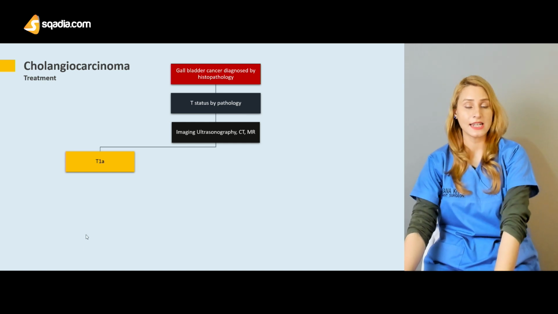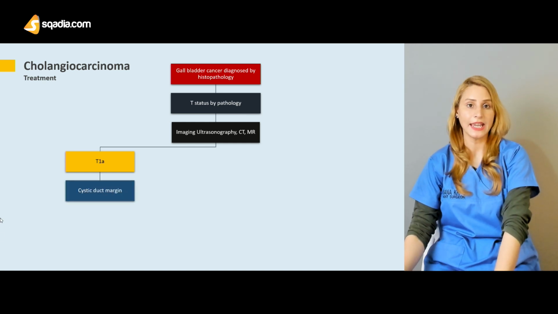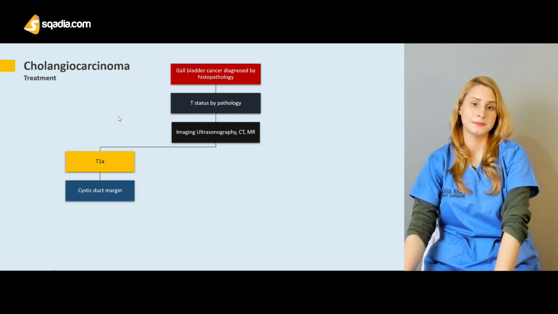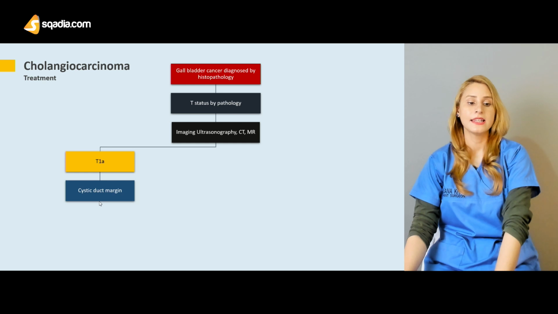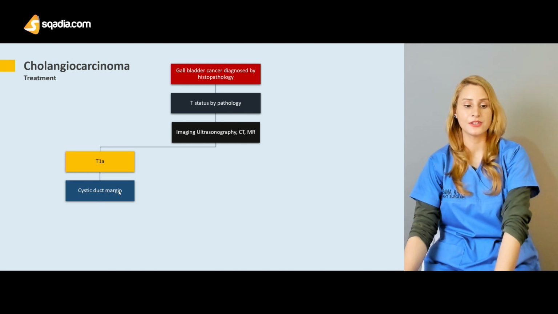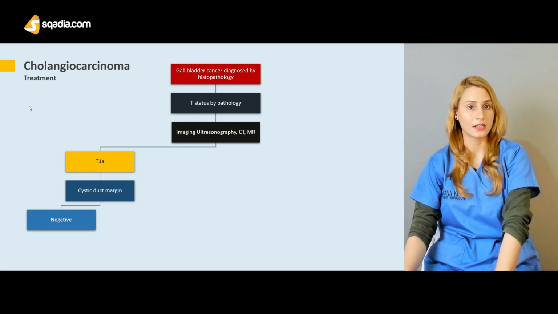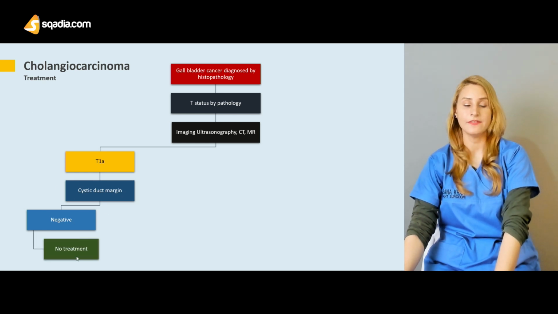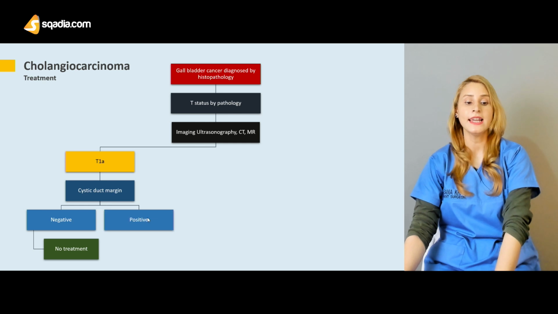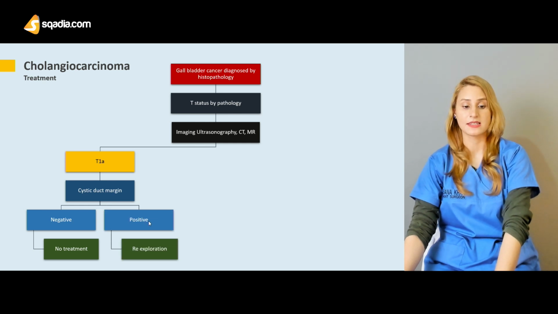And if the stage is T1A, that means the carcinoma is confined to the lamina propria, then you can go for the local resection. And if the margins came out to be negative, then no treatment is required. And if the margins came out to be positive, then you have to go for re-resection or re-exploration.